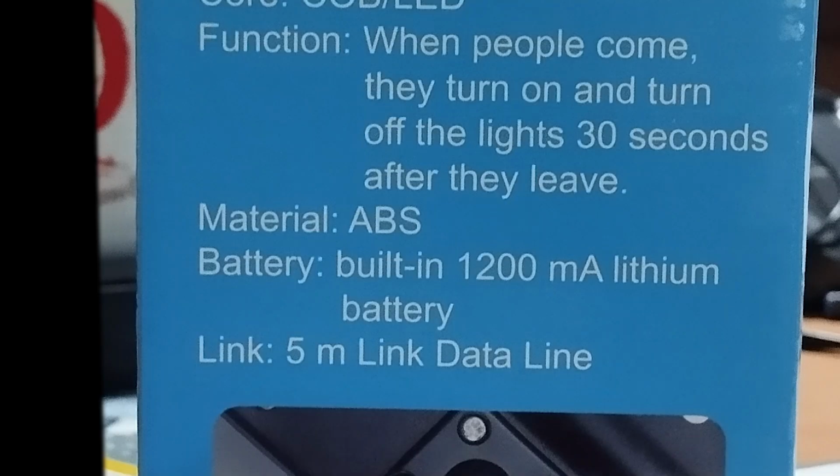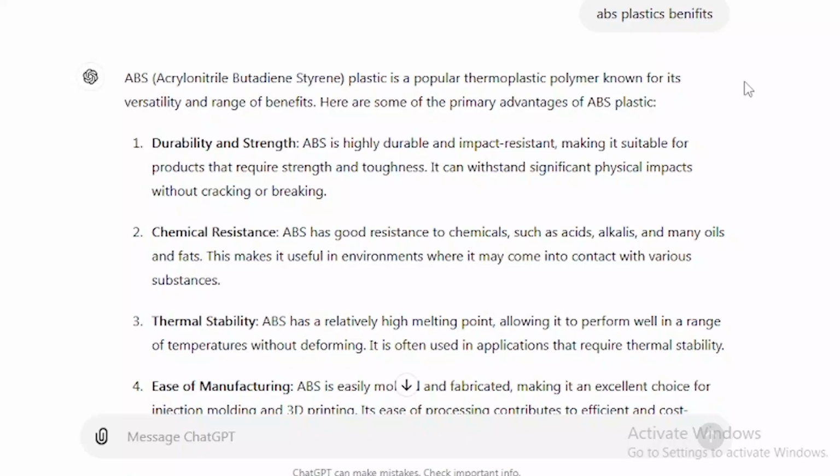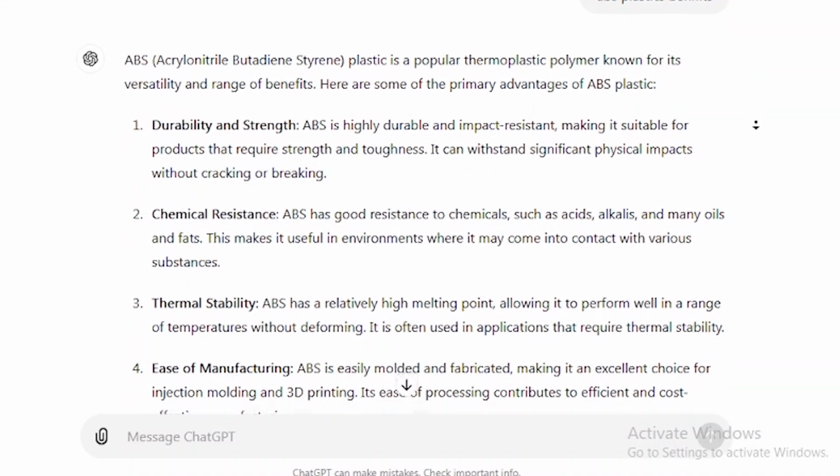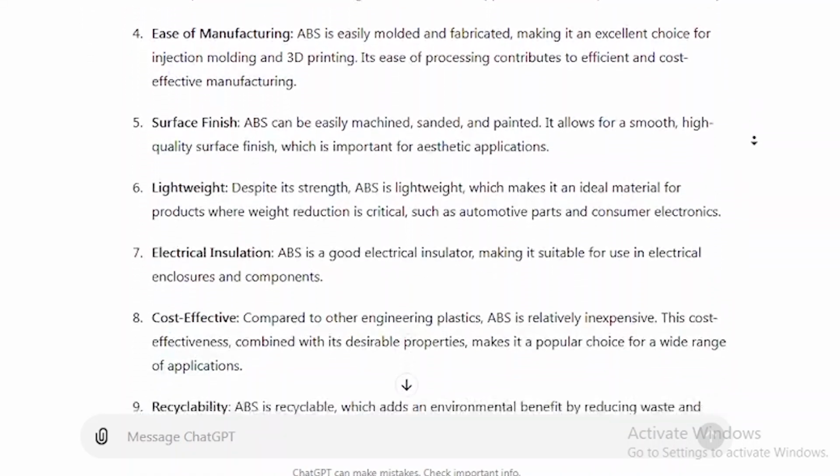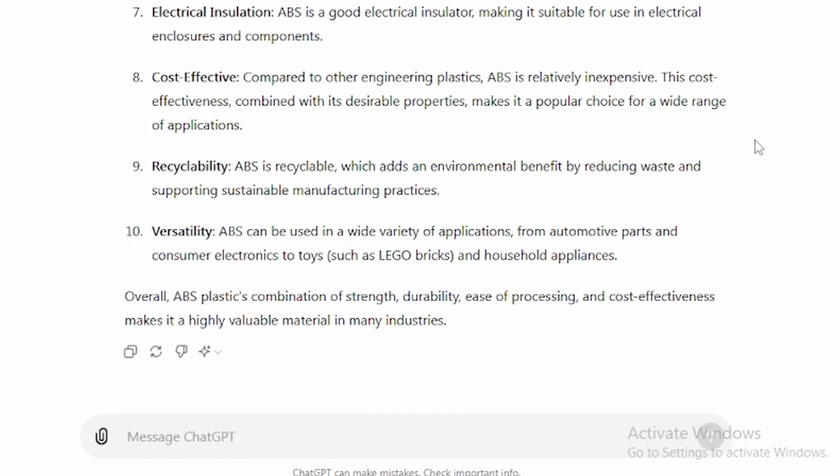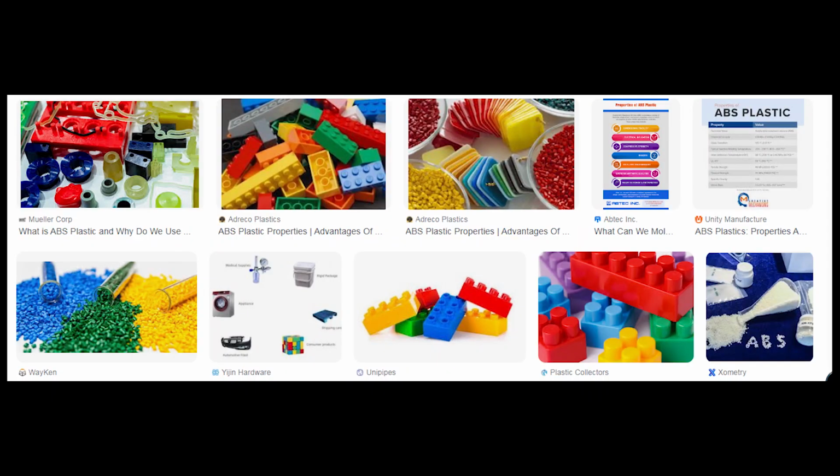That is triggered by the change in infrared radiation. According to this, it says it is manufactured using ABS plastics. Just said ABS, so I assume the closest thing is ABS plastic. From basic research on the internet, we can find some good and bad properties of ABS plastics.